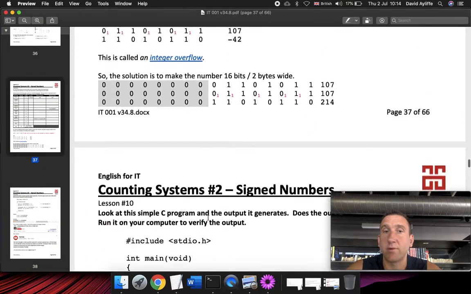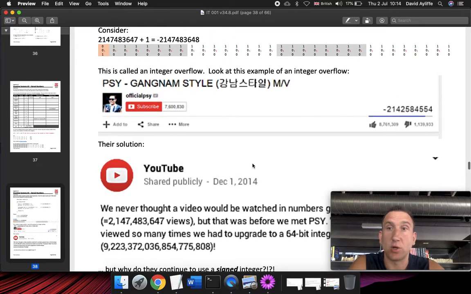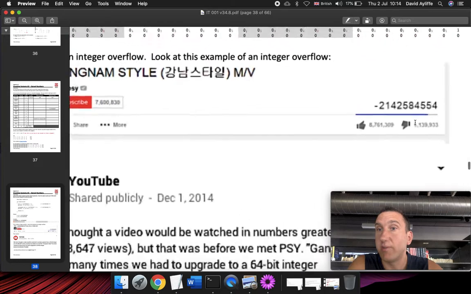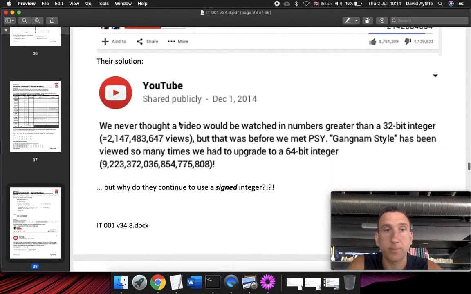Integer overflows are very, very common, and a lot of professionals continue to make integer overflow mistakes. For example, here, Gangnam Style. For a brief period of time, it had a negative number of views, negative 2.1 billion views. And here's their reason: "We never thought a video would be watched in numbers greater than a 32-bit integer."